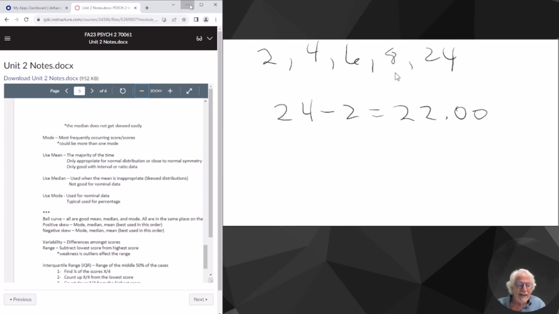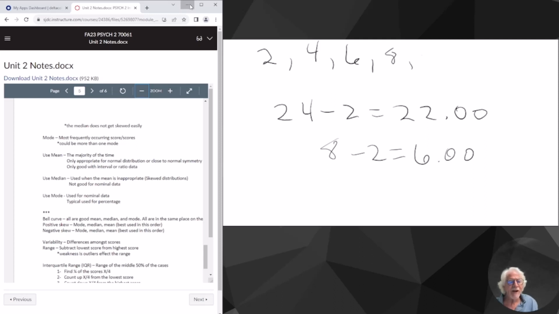So that's why we say the range can be affected by outliers. Meanwhile, if I erase this 24 and I just look at this, it becomes 8 minus 2, which is 6, a very big difference, right?